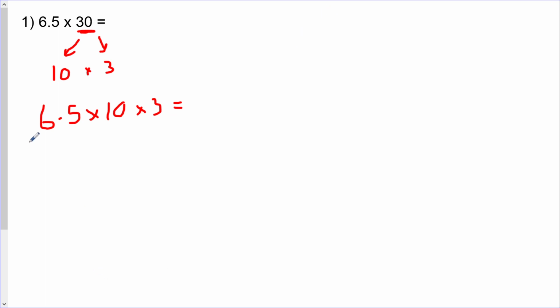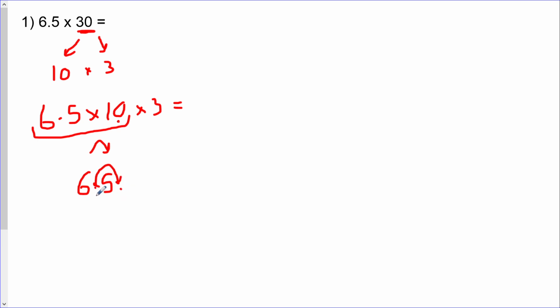Now the first thing we would do in this question is answer 6.5 multiplied by 10. And this is where we remember what we've just been doing, and we can remember that the times sign tells us we are moving forward. There is 1 zero in the number 10, so therefore we know we are doing 1 jump forward, and we would use exactly the same method as before. 6.5, we do our 1 jump forward, in which case we now have our decimal point in a new place.